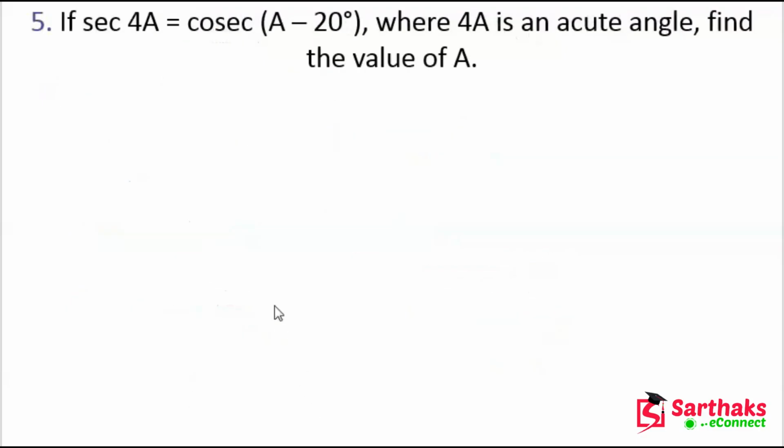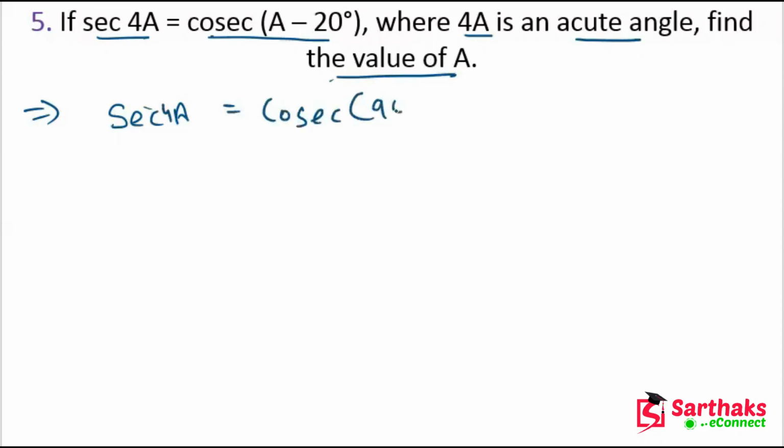Let's move on. If sec 4a is equal to cosec (a minus 20 degrees), where 4a is an acute angle, find the value of a. This is a similar question to question number 2. Now we know that sec 4a is equal to cosec (90 minus 4a).